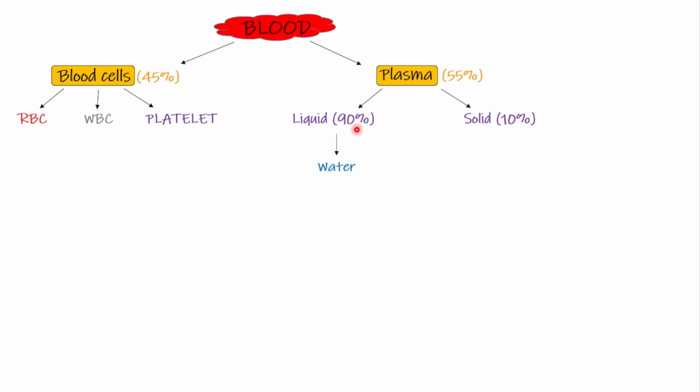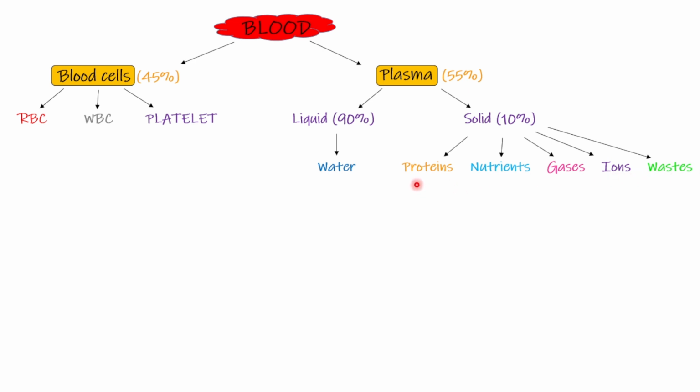The most important among them is proteins. Then plasma has nutrients, different gases, ions, and waste products. So blood is carrying the blood cells, a lot of water, and a lot of proteins, nutrients, gases, ions, and waste products.